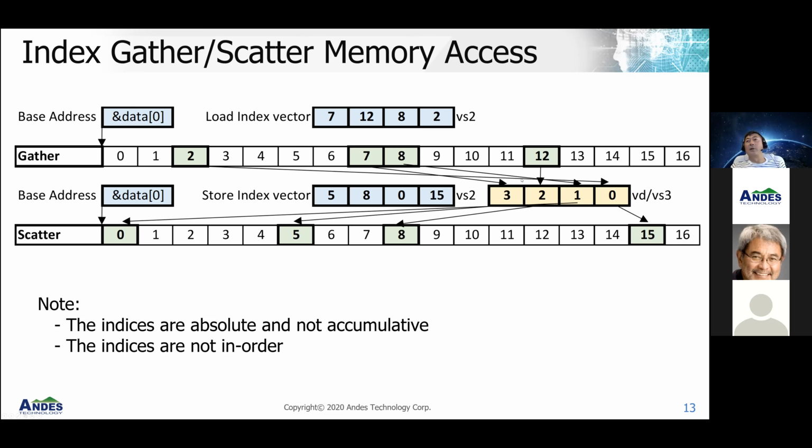Offset is 8, so you take element 8 and put it into here. And the store is the reverse operation. If the index is 15, then the first element will go to element 15 here. So it's just using VS2 to store the data into external memory.